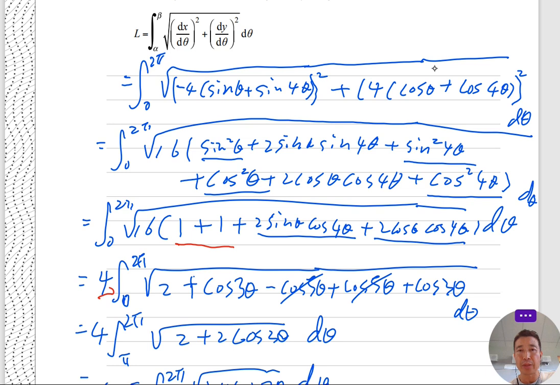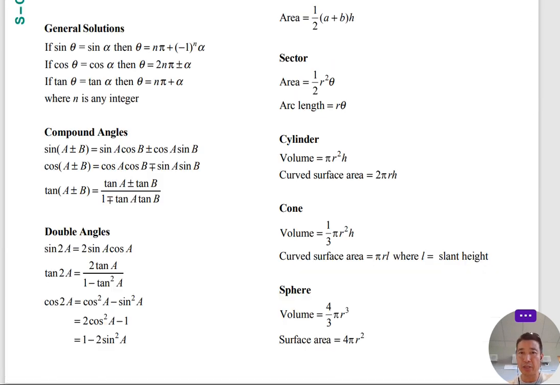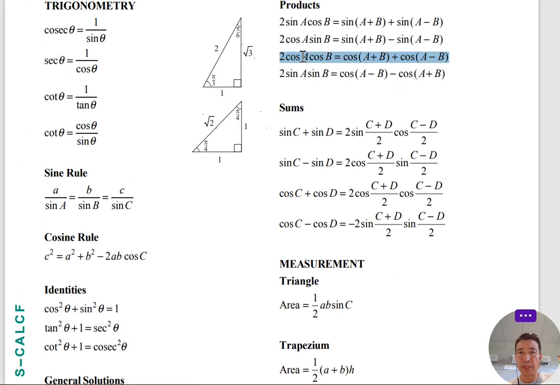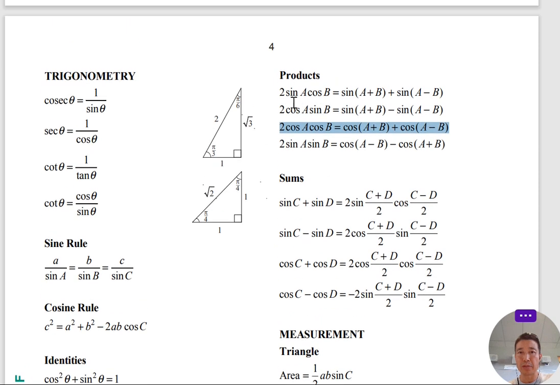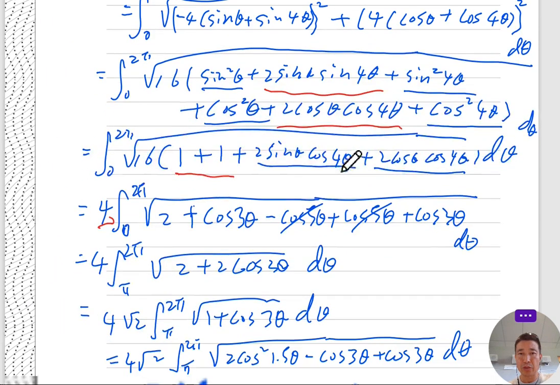And plus this, right? And I used the formula sheet. So over here, the products rule, to rewrite this. So 2 sine theta sine 4 theta becomes cosine 3 theta minus cosine 5 theta.